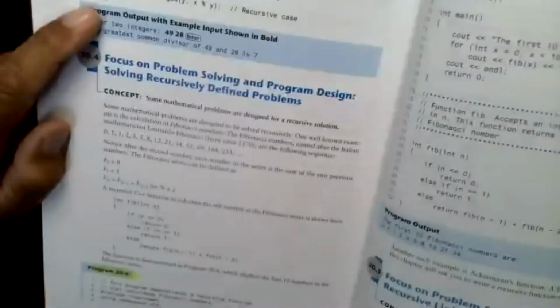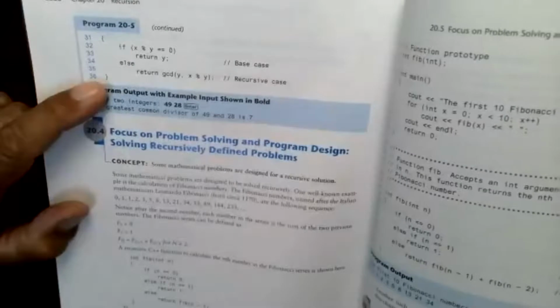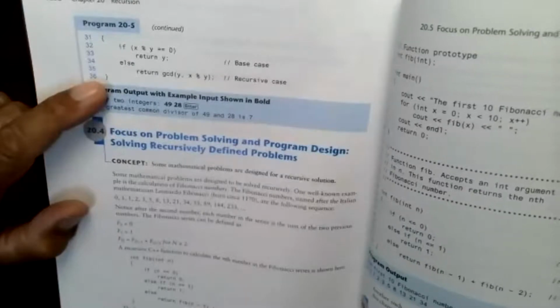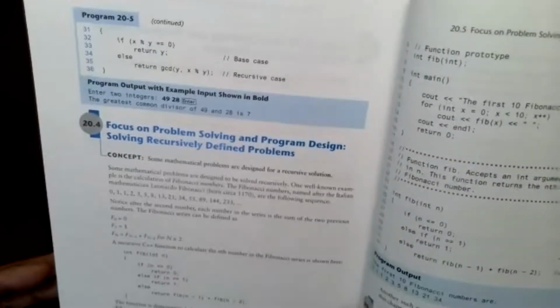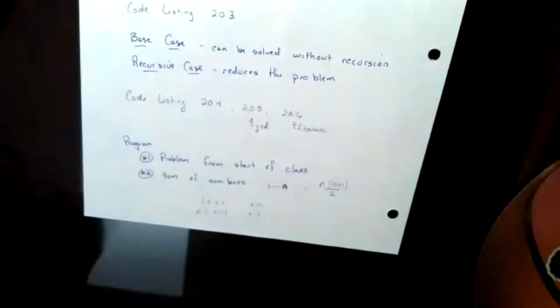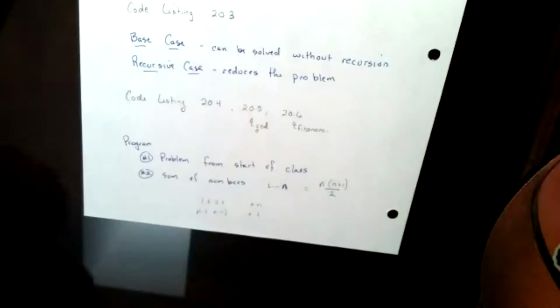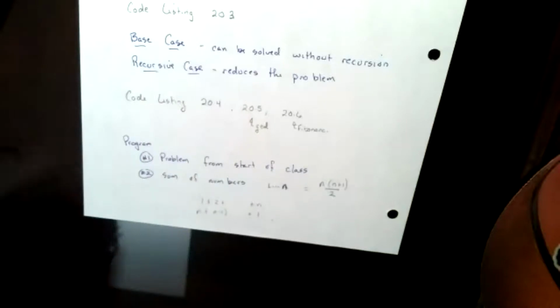GCD, greatest common divisor, greatest common factor. It's called that as well. There is a Euclidean method, which is what this uses to come up with the greatest common factor. Now, let's see, I see enter two integers, 49 and 28. So if I'm going to enter 49 and 28, where's that other piece of paper at?